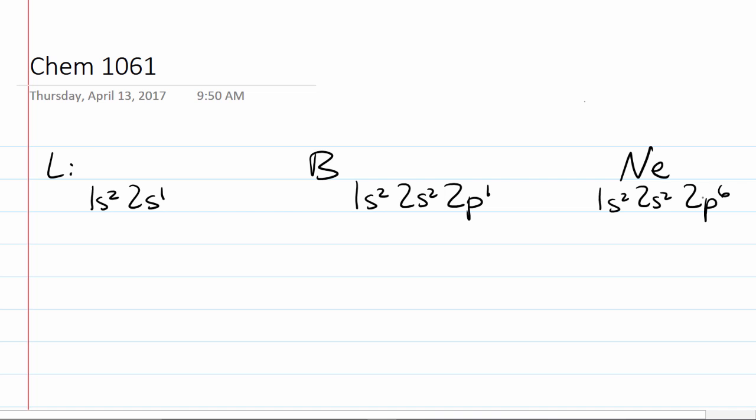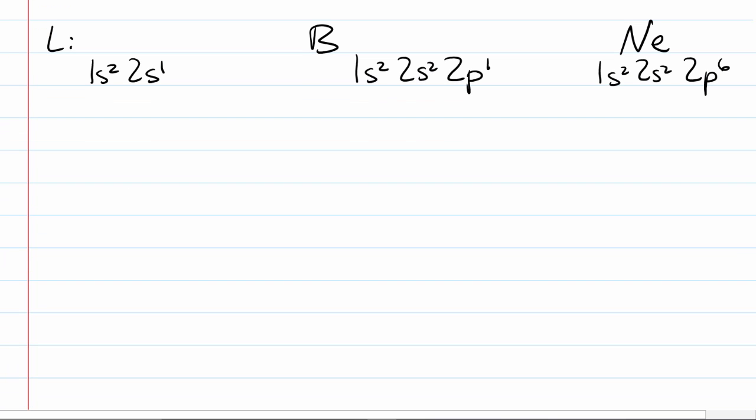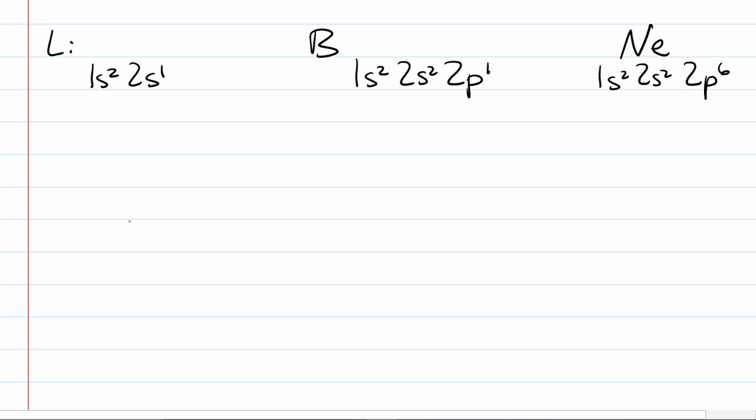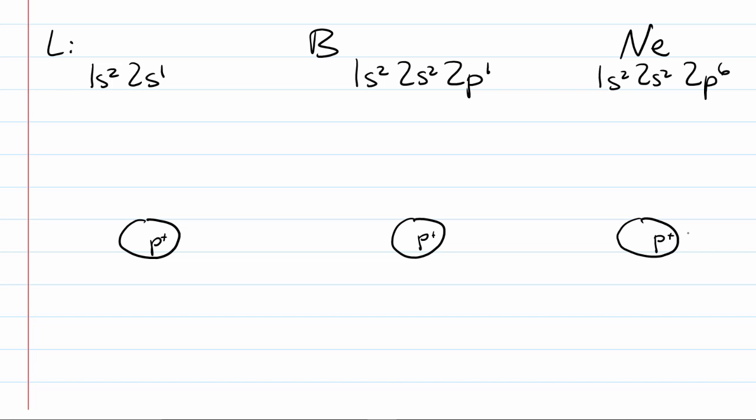Now if we were to draw pictures of what this looks like, we're going to draw the protons in the nucleus: protons here, protons here, protons here. Now we need to tell how many protons there are in the nucleus for each one of these.